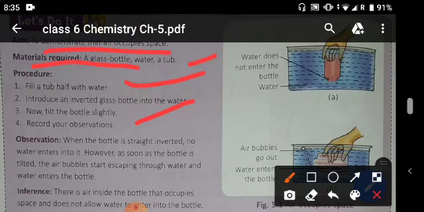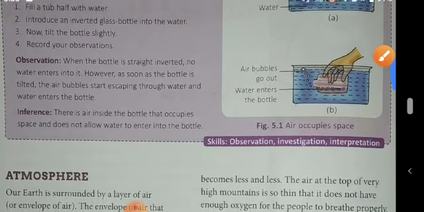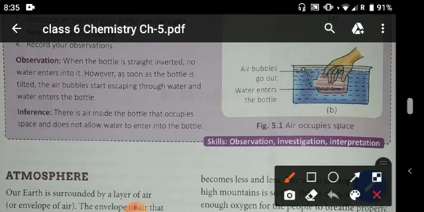You will find that when this glass is inverted straight, air will not enter it, but in this case, when the glass is tilted, air bubbles go out and water enters the bottle. It proves that there is air inside the bottle that occupies space and does not allow water to enter.